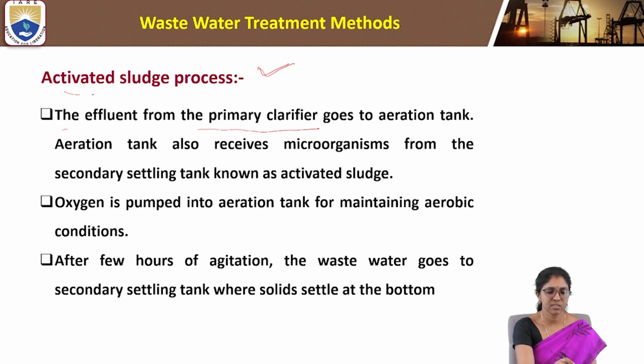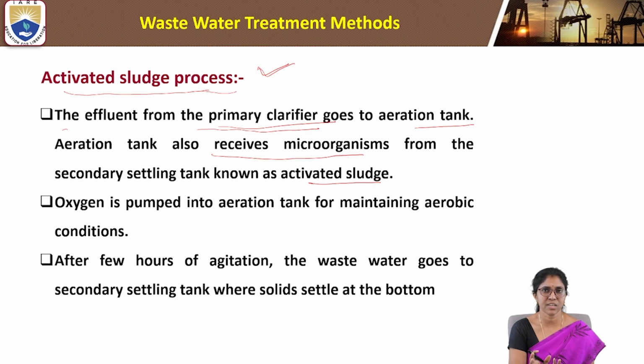In the first and second steps we are producing sludge, so here we have to remove the sludge; that is the activated sludge process. The effluent from the primary clarifier goes to the aeration tank, and this aeration tank also receives microorganisms from the secondary settling tank, known as activated sludge.